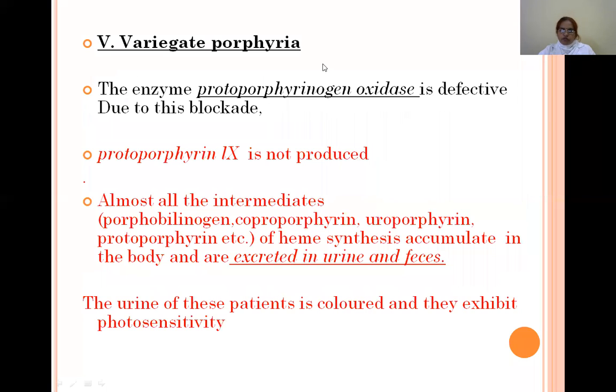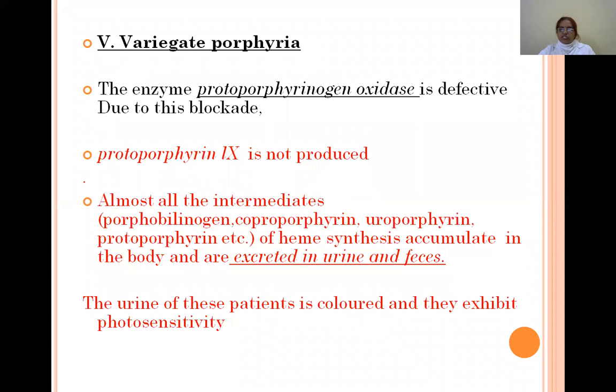Now variegate porphyria. This is mainly due to the deficiency of the enzyme protoporphyrinogen oxidase, so protoporphyrin IX is not produced.